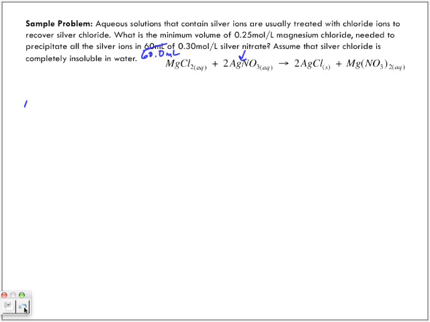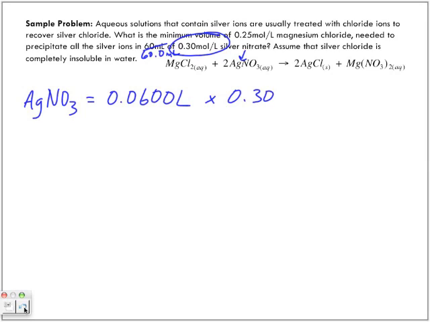So, of the silver nitrate, we've got 0.0600 liters, and we're going to multiply that by 0.30 moles per liter. Liters cancel out, my answer is in moles. So I've got 0.018 moles of silver nitrate.